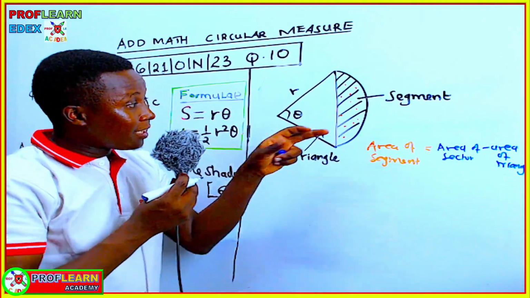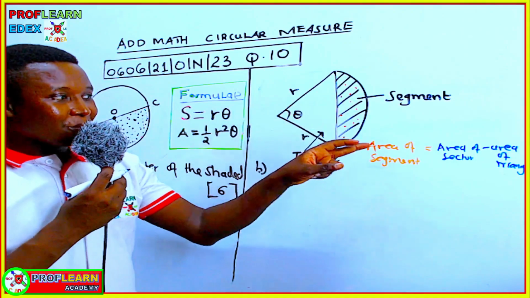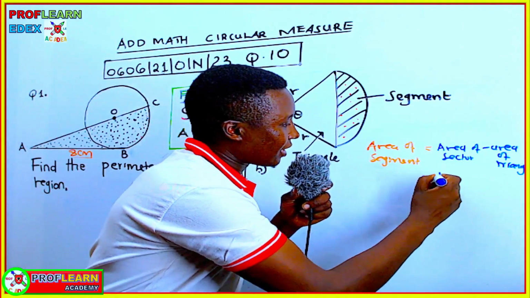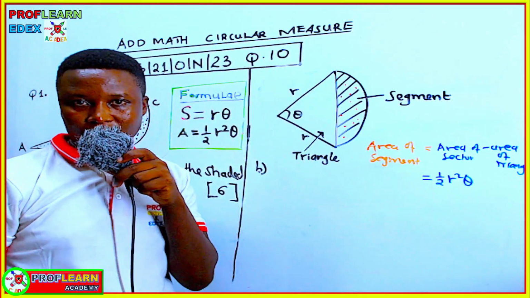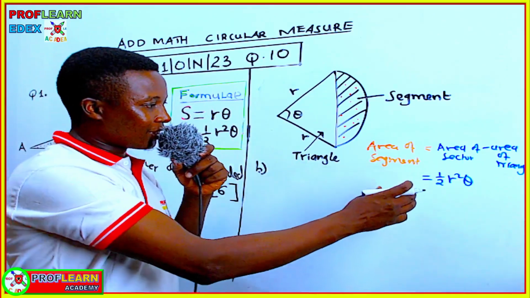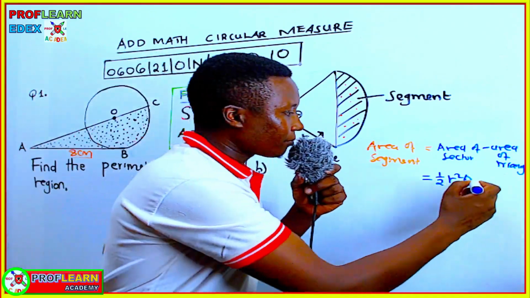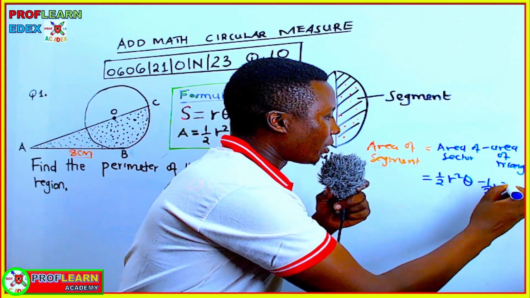For you to work out the area of the segment, you need to work out the area of the sector, then you subtract the area of the triangle. The area of a sector is a half r squared theta, minus the area of a triangle, which is a half r squared sine theta.